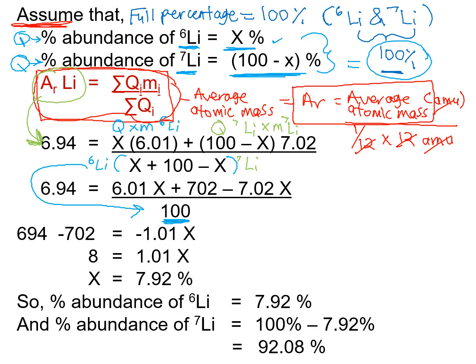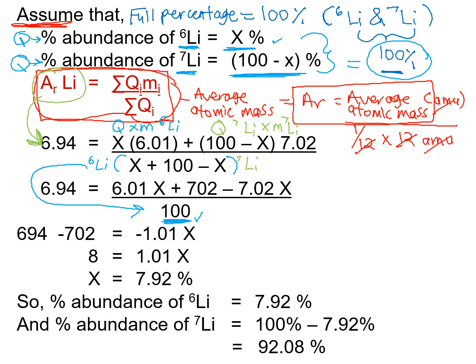Kalau you assume betul percentage abundance dia, you akan dapatlah at the end mesti kena dapat 100. That means you punya calculation you betul lah. Okay. So kat atas ni you darabkan saja.